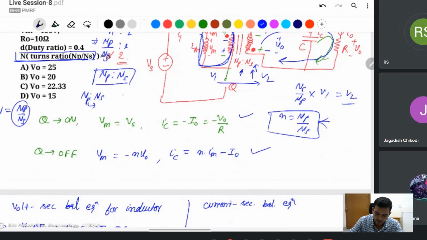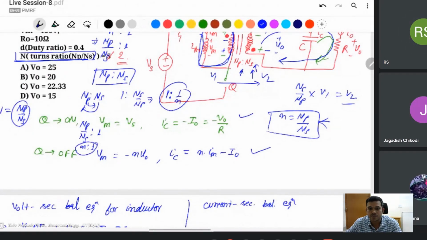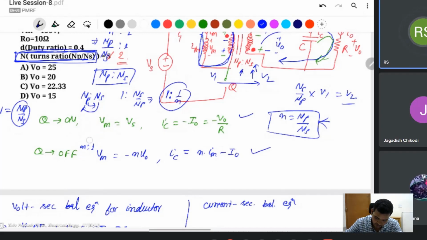If you transfer there, 1 to NS divided by NP is 1 by n. If NP by NS is n to 1, it means n to 1. If this is mentioned like that, then you can take 1 to n and n to 1. It is clarified. In all the questions it is mentioned, so don't worry.